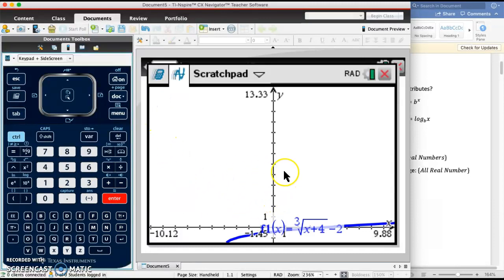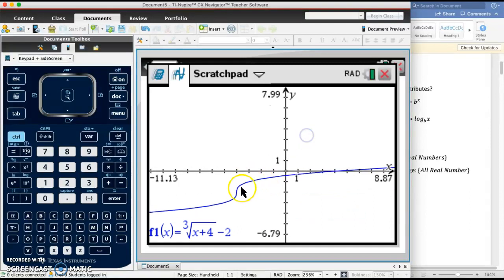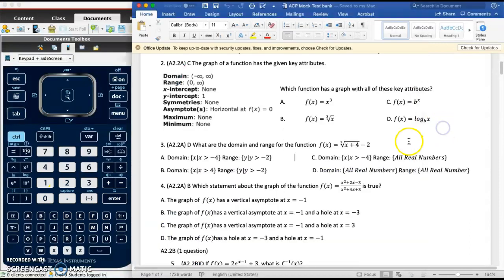We can shift this graph. There's the graph. To me, the graph is going from -infinity to positive infinity because it keeps going right, it keeps going left. It also keeps going up, it keeps going down. So if it goes up and down and it's going right and left forever, the best answer would be D.